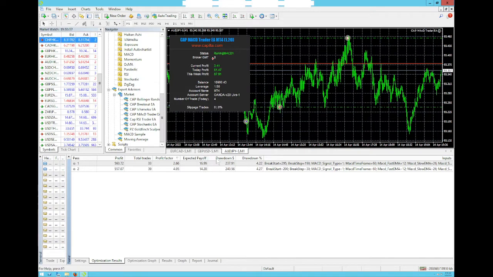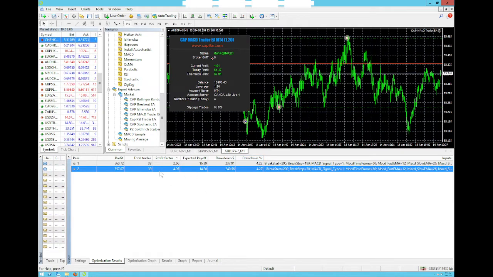Expected payoff, whenever you're comparing them, choose the higher expected payoff. Right here, 4.5. If this was my beforehand, this would pop up on my radar right here. Drawdown 240 just to get 557. I wouldn't be too okay with that because look at the number of trades. It's a really high number of trades.